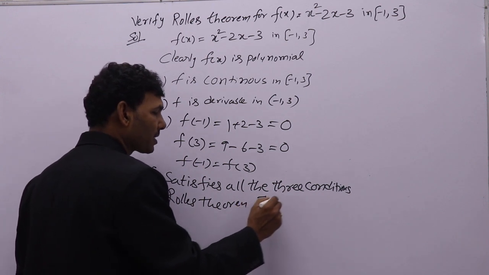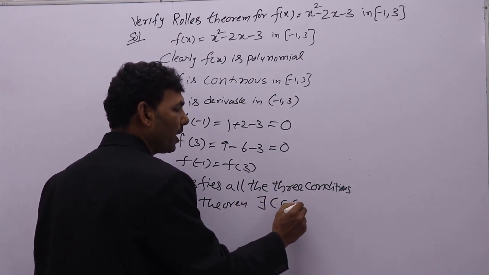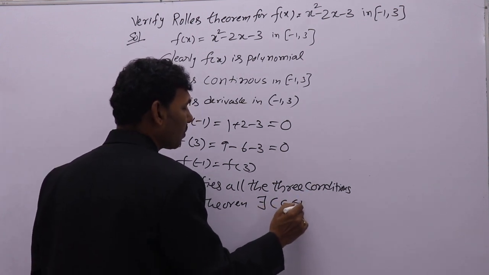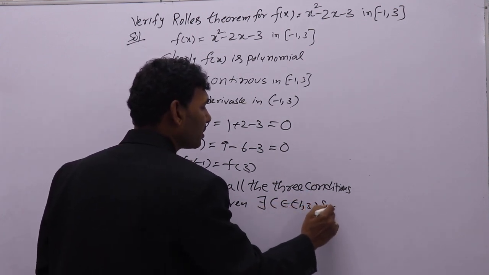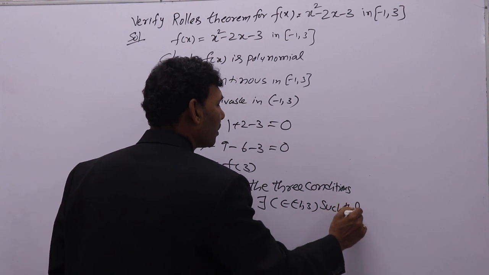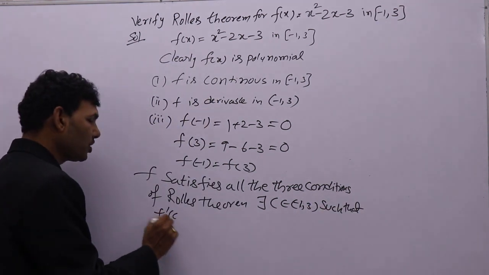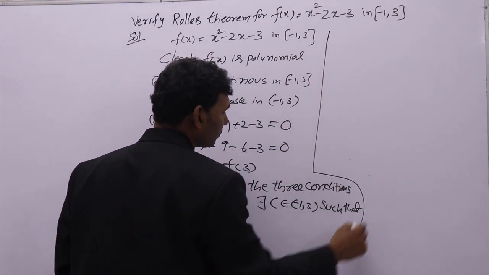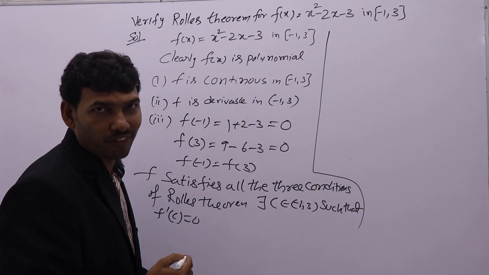Then there exists C in open interval A comma B. What is A, B here? Minus 1 comma 3, such that f dash of C should be 0. That means f dash of C we need to evaluate.